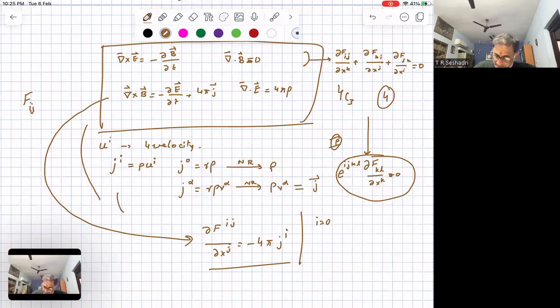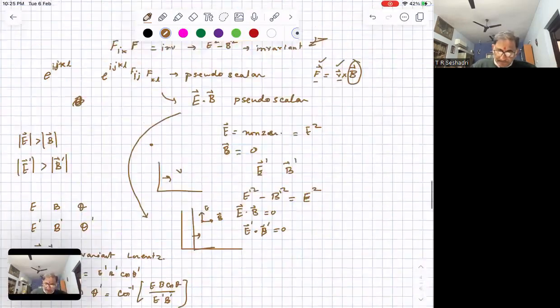Fij, this is divergence. So it is divergence of E, right? Because del F01 by del X1 plus del F02 by del X2 plus del F03 by del X3. So this is basically your electric field, right?